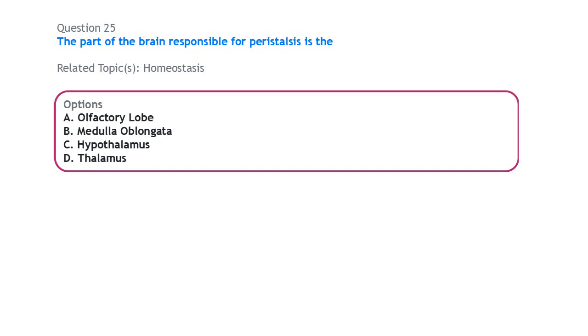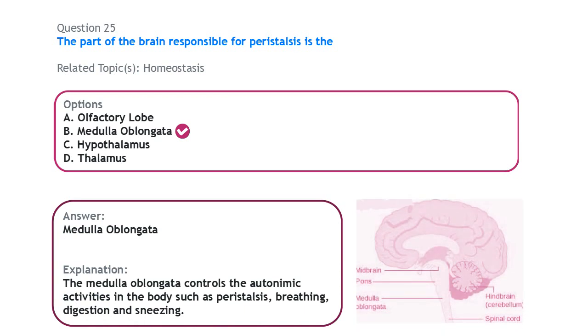This process is mostly involuntary, and such involuntary actions are controlled by the medulla oblongata. So the medulla oblongata controls autonomic activities in the body like peristalsis, breathing, digestion, and sneezing.